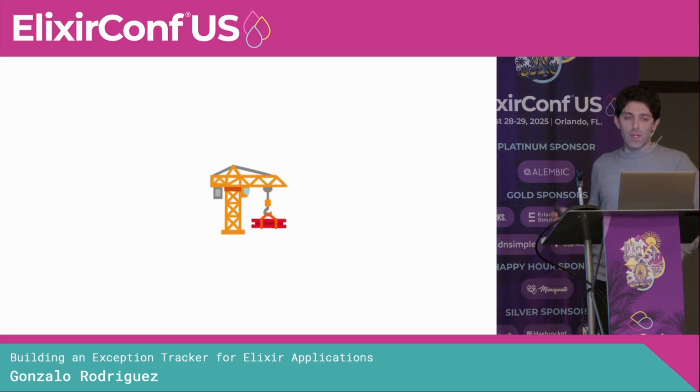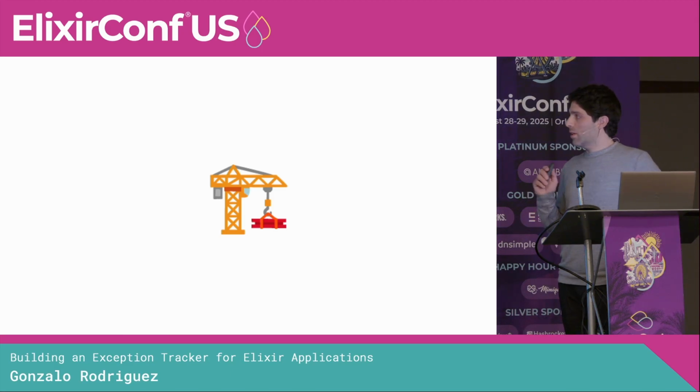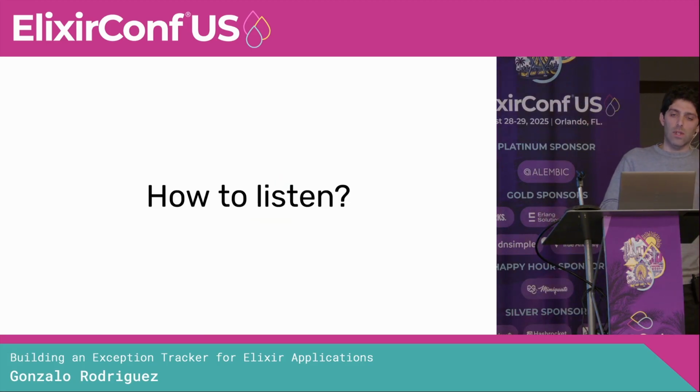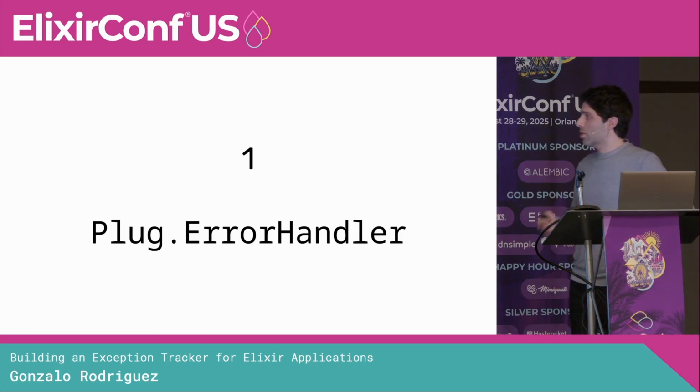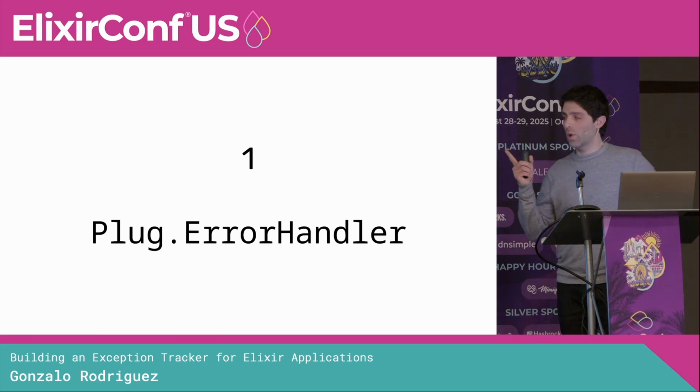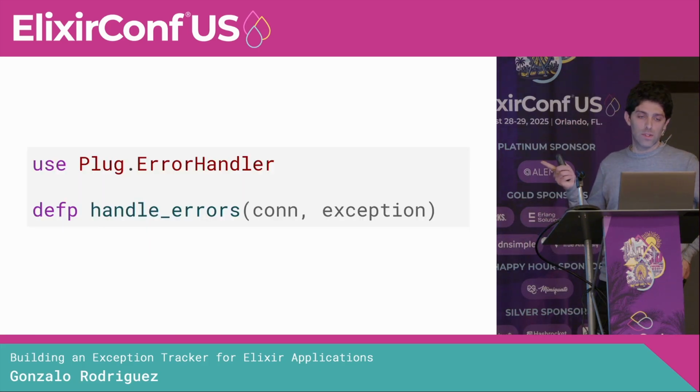At first, we only focused on implementing exception listening on our own application source code. We researched the topic a bit and learned that reasonable options were, number one, use Plug's error handler module to listen to exceptions in web requests.